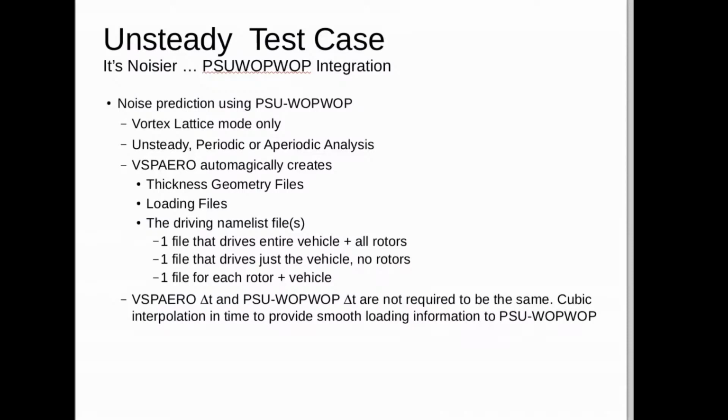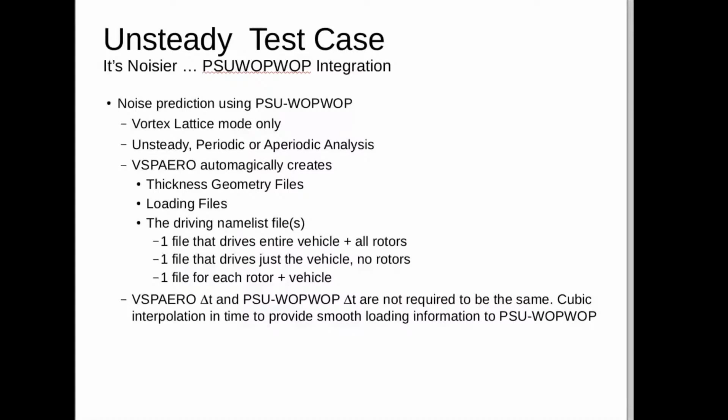So if you run that, you predict the noise for the full-up vehicle in whatever flight configuration you're analyzing. I also write out a file that drives PSU WAP with just the vehicle, no rotors, so you can discriminate what noise is coming from wings and tails and things like that.